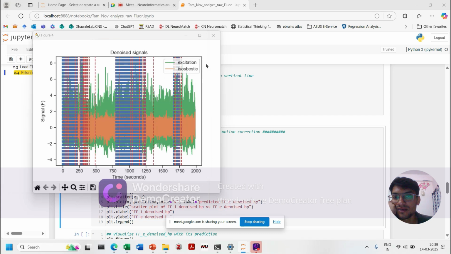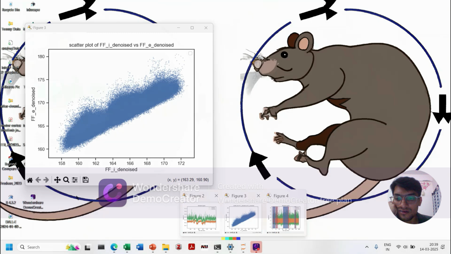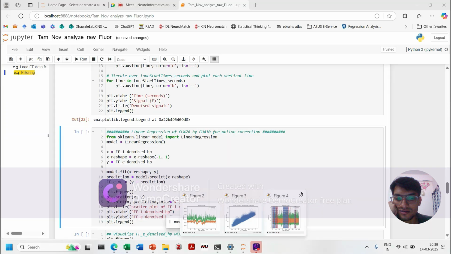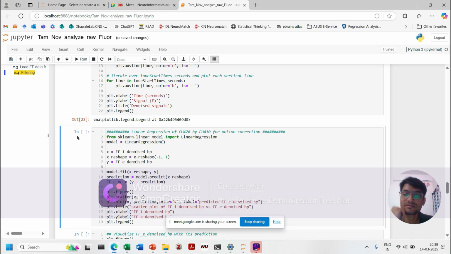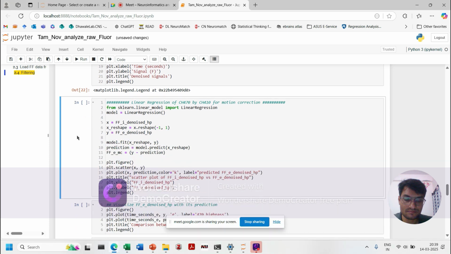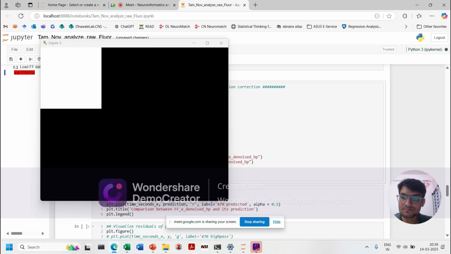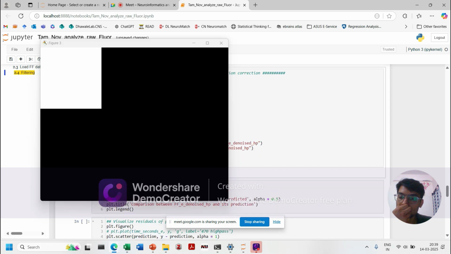So that we do with our linear regression thing. I will close this. Okay, it is plotted now.